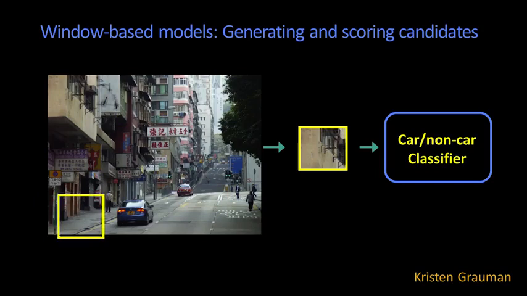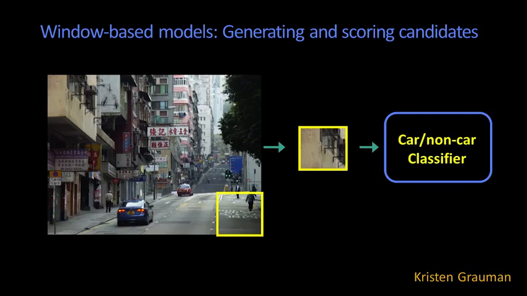And what you do is you apply your car, non-car classifier to every one of those windows. And you say, do I see any cars? Not very clever, but it just works very well, right? Because the classifiers are quick and they're accurate. So as opposed to having a different way of trying to do detection versus labeling, I basically do detection by labeling.